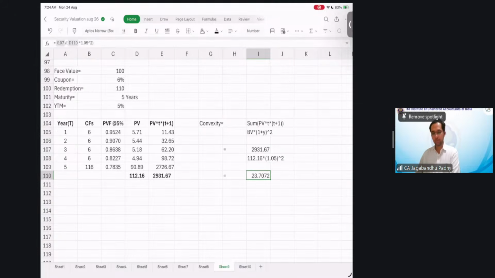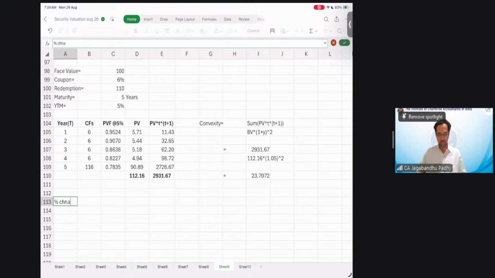Okay, so we have 23.7072 as the convexity.